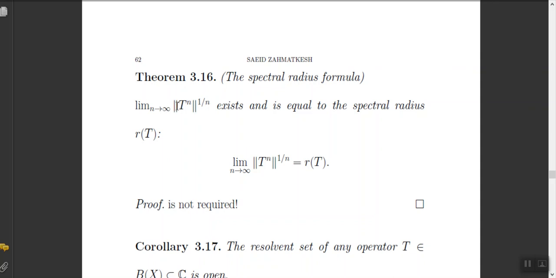The limit of the norm of T^n to the power of 1 over n means the limit of the nth root of the norm of T^n. This limit exists when n approaches infinity, and we can show that it is equal to the spectral radius. So actually we can prove that the spectral radius equals the limit of the nth root of the norm of T^n. But the proof is very complicated, so we skip the proof. You just bear in mind.